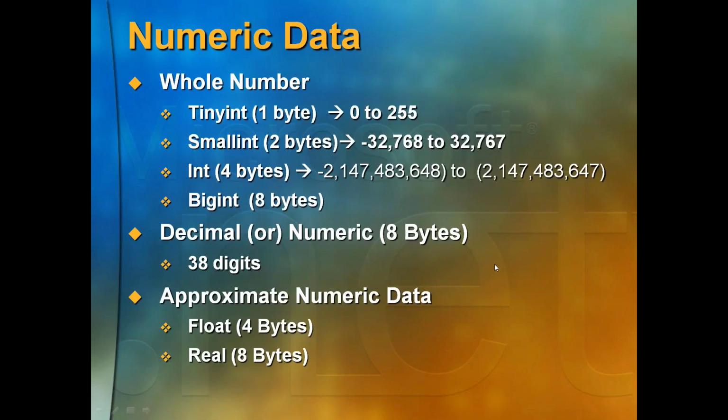This is what is called numerical data. So numerical data has three varieties. Whole numbers: tiny int is 1 byte, small int is 2 bytes, integer is 4 bytes, big int is 8 bytes. Clear?